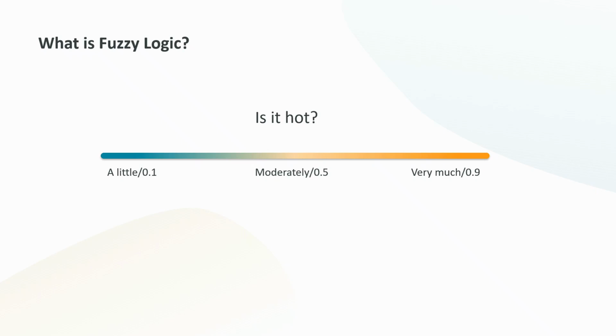We might say, oh, it's moderately hot, so it's not really a yes or a no. Binary logic cannot deal with that. We only have zeros and ones. With fuzzy logic, we can translate these unsure words or linguistic values into something a computer can deal with, and then make decisions based on ranges of data instead of one discrete data point.